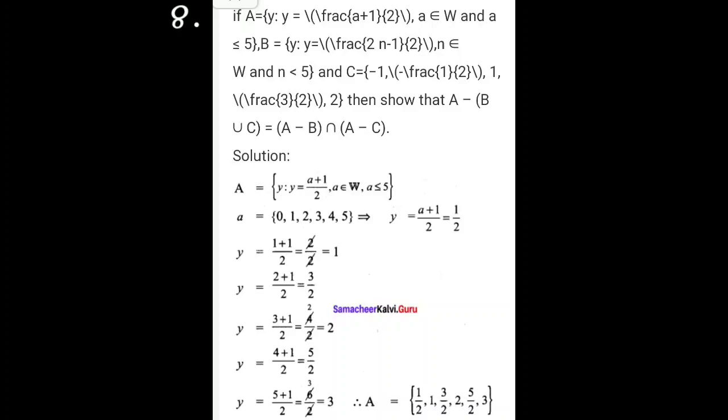Then show that A minus B union C is equal to A minus B intersection A minus C. Solution.